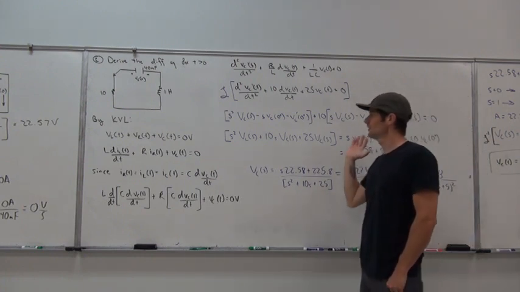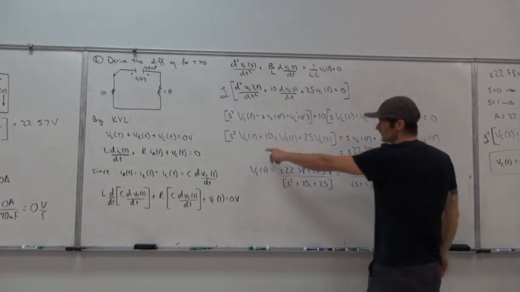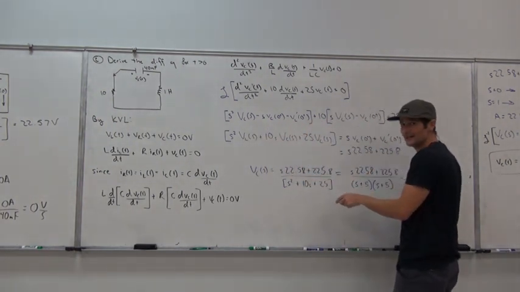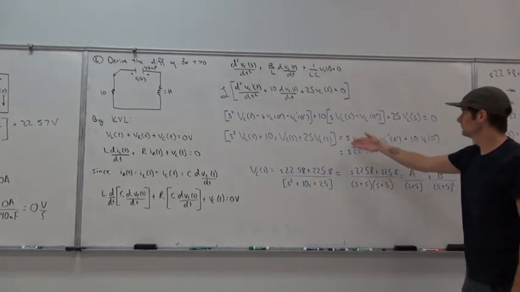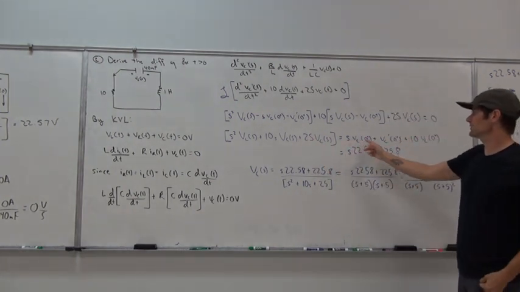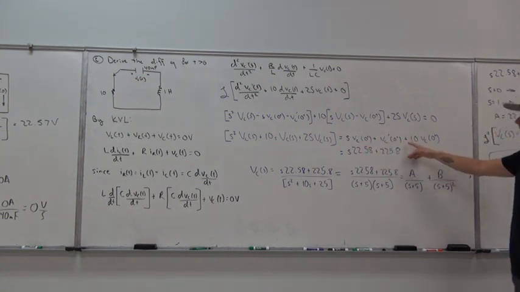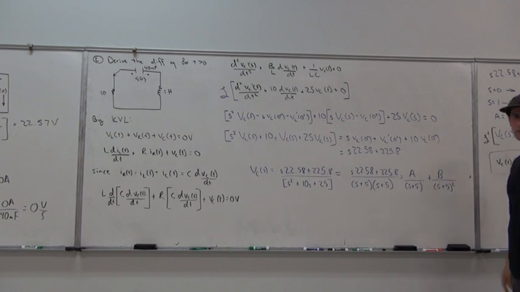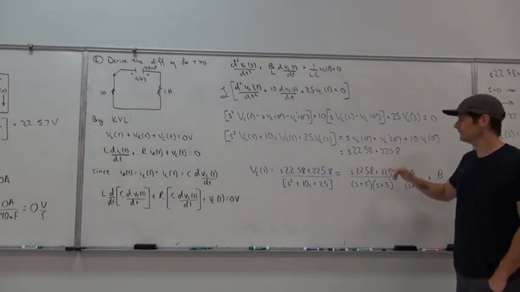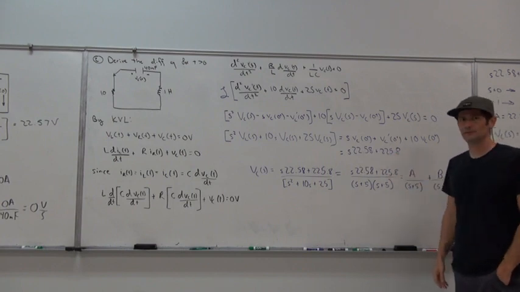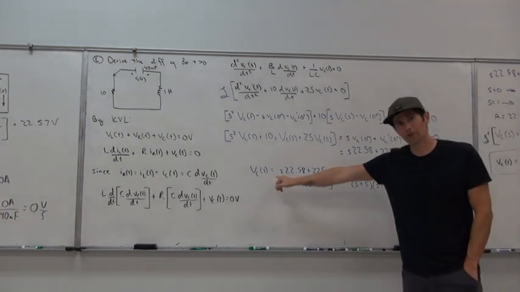When we do that, we get essentially a characteristic equation on the left-hand side: s squared VC of s plus 10s VC of s plus 25 VC of s. We move over to the right side s times VC of 0 plus VC prime of 0 plus 10 times VC of 0 plus, which renders s times 22.58 plus 225.8.